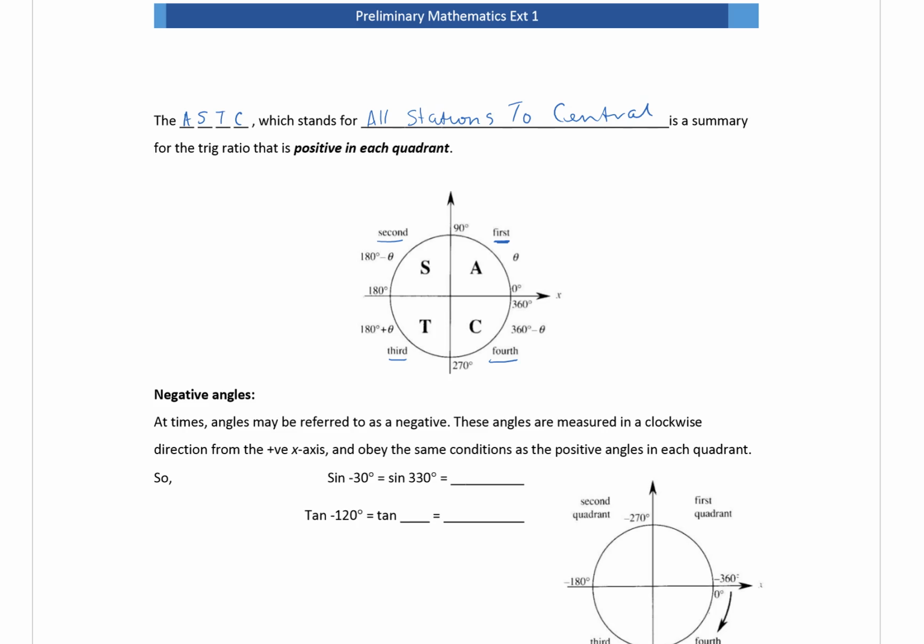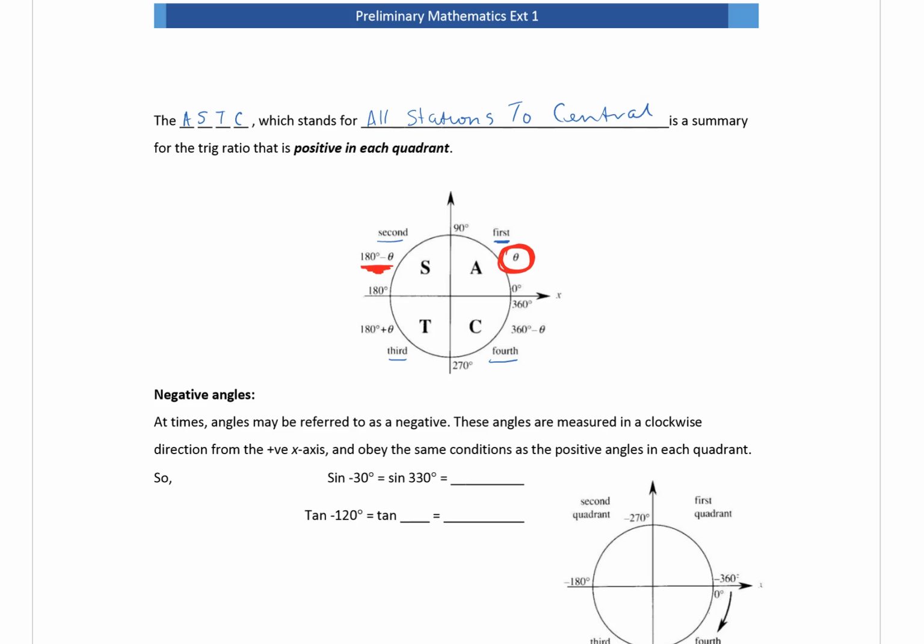The other thing I would ask you to note is the way that we refer to the angles. Pretty obvious, in the first quadrant we just talk about theta. Theta is always the acute value, always. Try to remember that. When we move into the second quadrant, we express all our angles here as 180 minus theta.